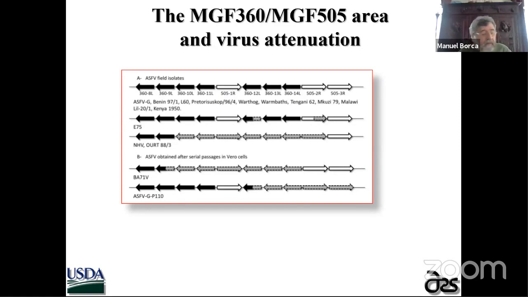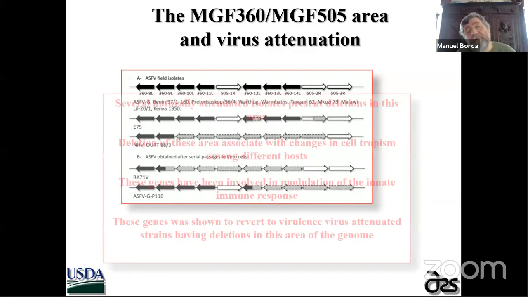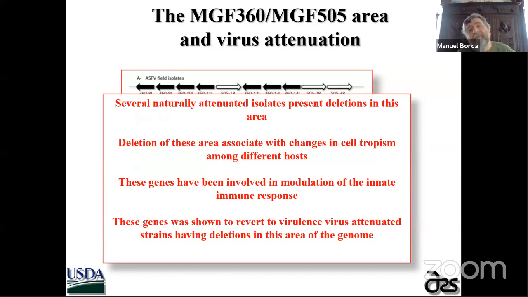The next group of genes that we focused on was the multigene family 360 and 505 that map in the left region of the genome of the virus. And we were interested in this region for several reasons. First, this region is deleted in several natural attenuated isolates like NH/P68 or OURT88/3.